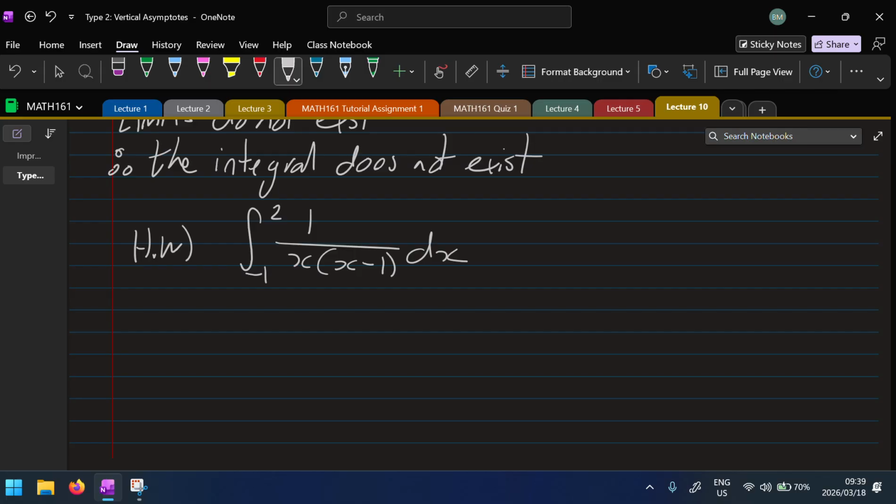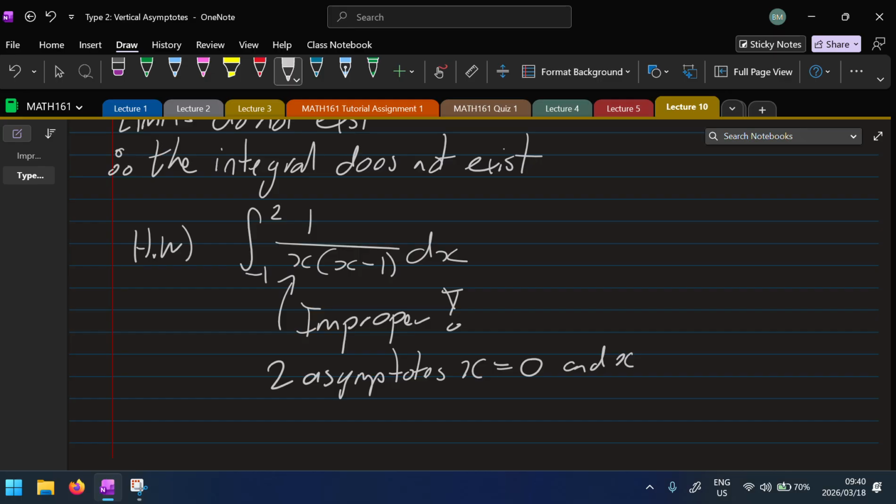There are 2 asymptotes between the a and the b. So it's improper. We have 2 asymptotes, x equals 0 and x equals 1 on the interval minus 1 to 2.